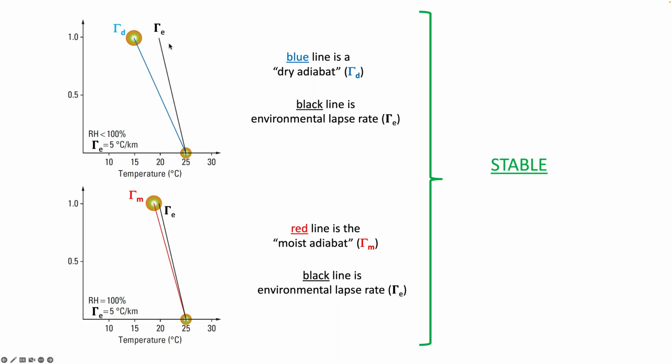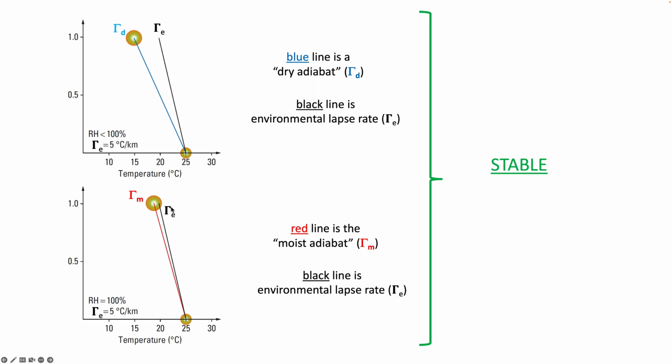Now, what you'll notice in this case is that while the atmosphere is stable, it's a much closer call when the parcel is moist than when the parcel is dry. So in order to define stability in the atmosphere, in order to give the condition that explains stability in the atmosphere, we're going to give another inequality here. This inequality is going to compare the environmental and moist adiabatic lapse rates.